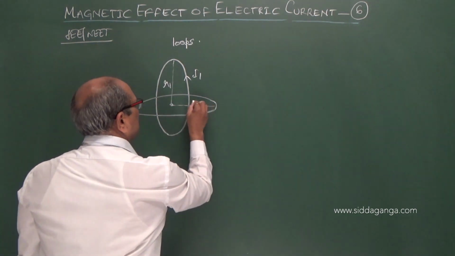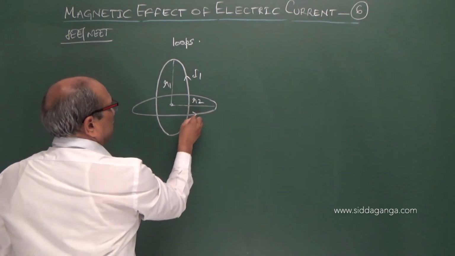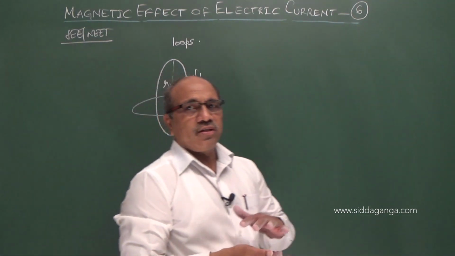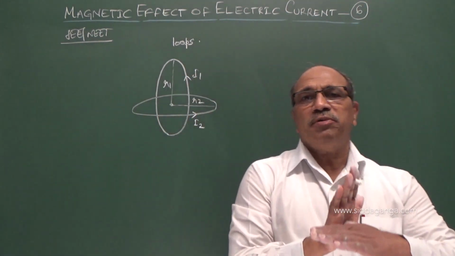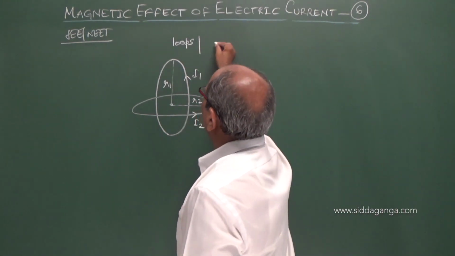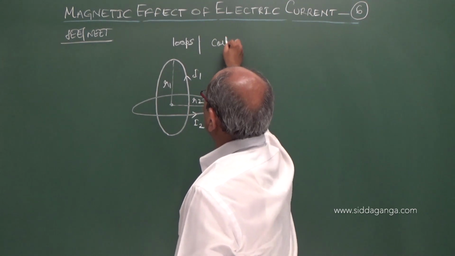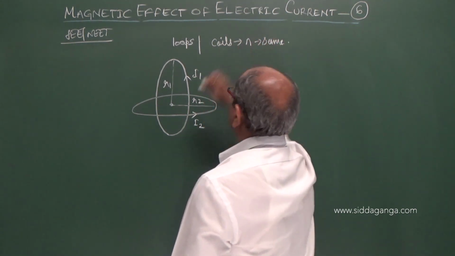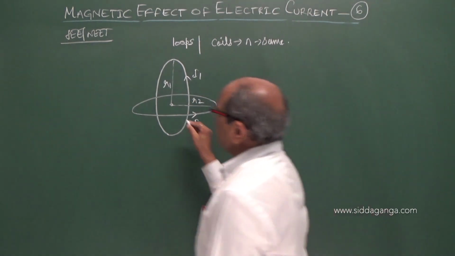So this has the radius R2 and carries the current I2. As shown in the figure, they are arranged, both mutually perpendicular to each other. Loops or coils, if coils, N is the same. What is the field at this center?